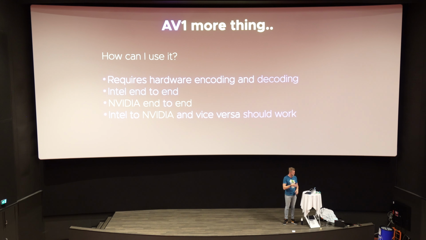I could show you a demo maybe tomorrow, if you're still here, where I ran an F1 simulator. Well, it's awesome. It automatically switched between AV1 and the Blast codec, and I didn't do anything.